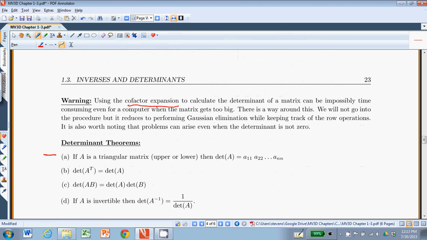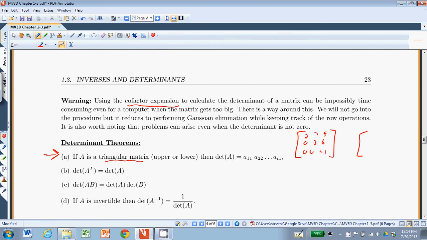But it does bring us up to this first determinant theorem. If A is a triangular matrix, it can be upper or lower. Suppose it's 2, 3, negative 1, 7, 5, 6, 0, 0, 0. That's upper triangular.